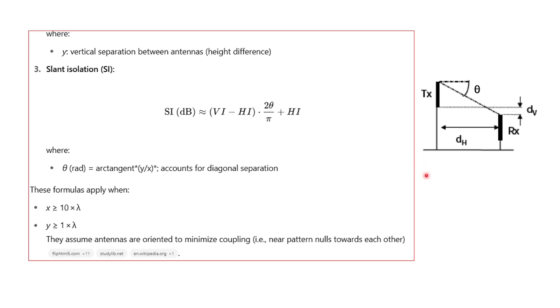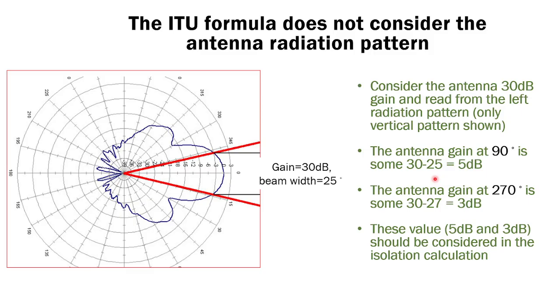Let's have some examples to discuss. First of all, let's take one of the antenna radiation pattern examples. This is a vertical radiation pattern. We suppose this antenna has 30 dB gain, and let's look at the two angles here, 90 degrees and 270 degrees.